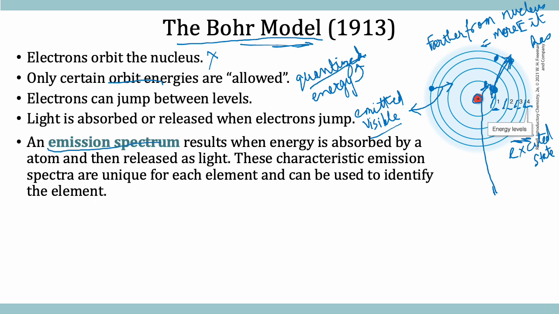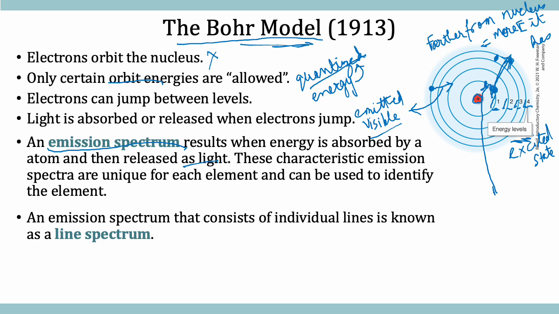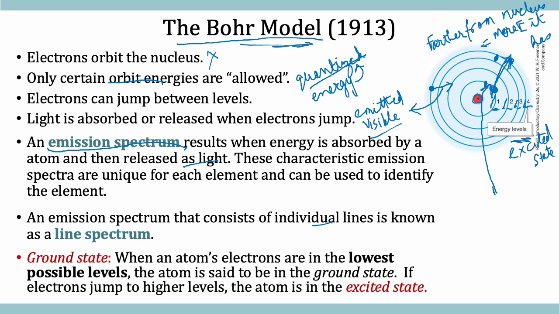So an emission spectrum results when energy is absorbed by an atom and then released as light. These characteristic emission spectra are unique for every element and can be used to identify the element. An emission spectrum that consists of individual lines is known as the line spectrum, what we saw before, and that is how we get these line spectra.